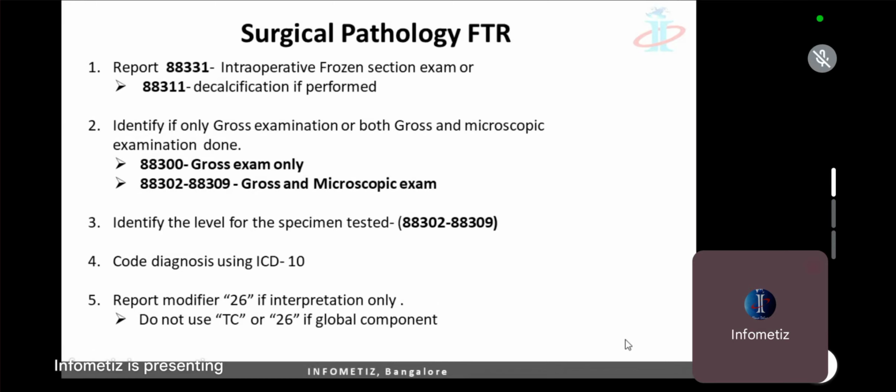If any option has code 88311, then check in your question whether the word decalcification is there or not. If yes, that must be your answer, 311. If it is not there, you can eliminate that answer.